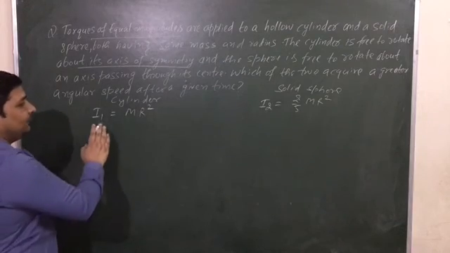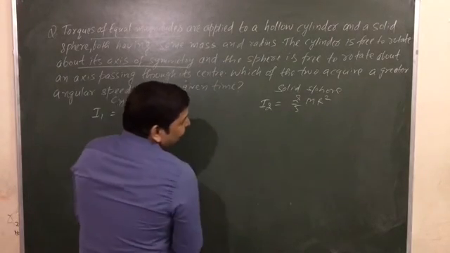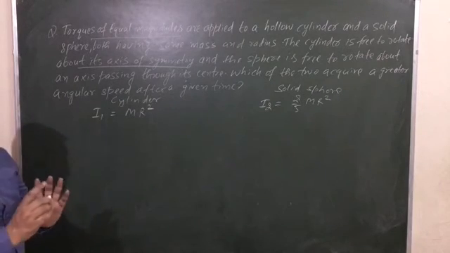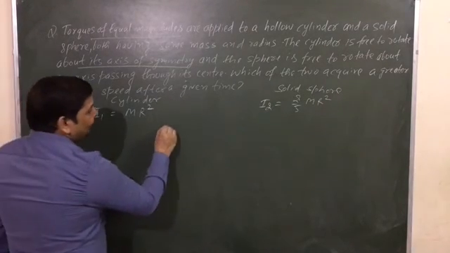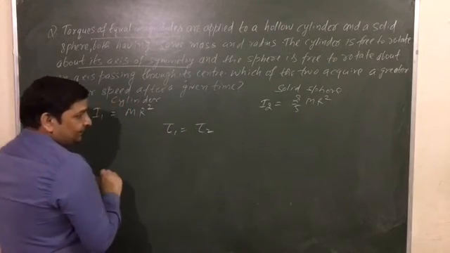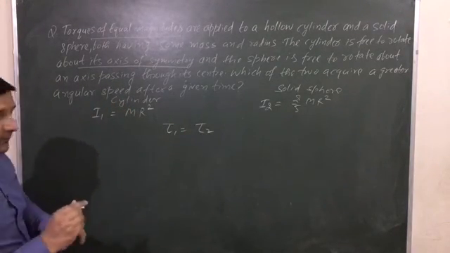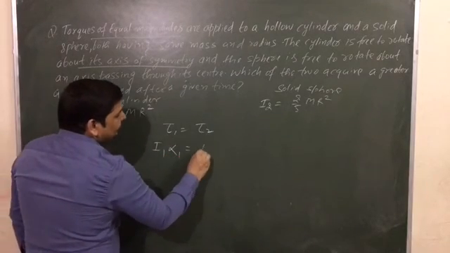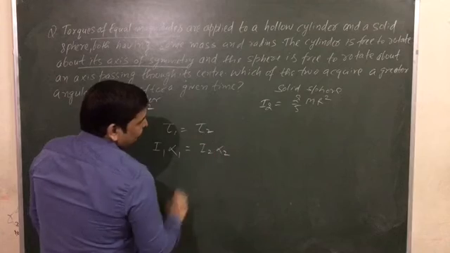Therefore, I1 is mr square and I2 is 2 by 5 mr square. Now, the same torque is applied. Therefore, in both cases, torque is the same. Torque is given by I into alpha: I1 alpha 1, I2 alpha 2.